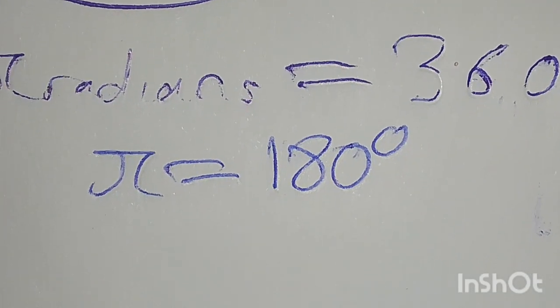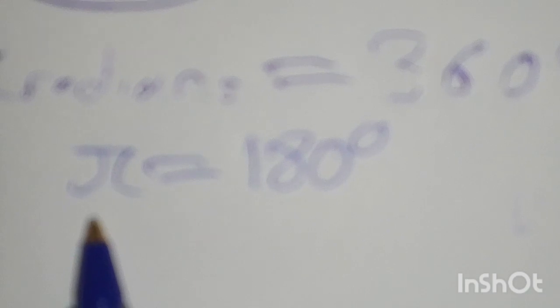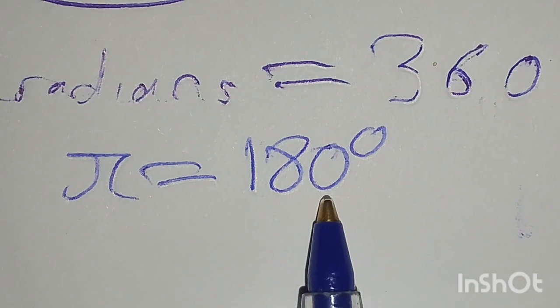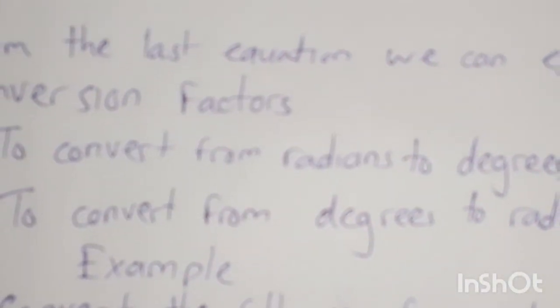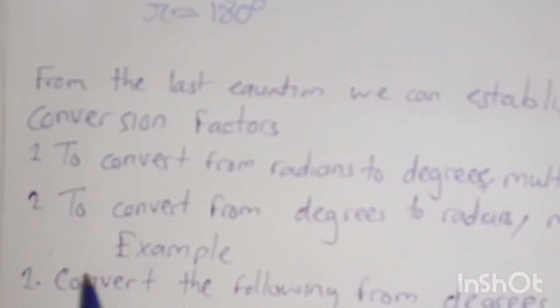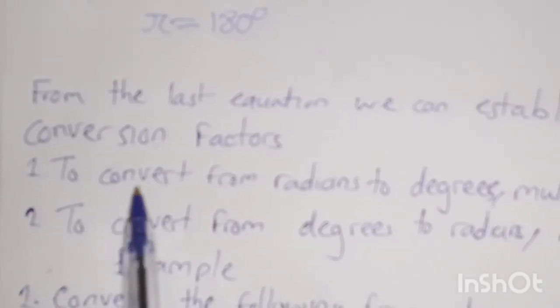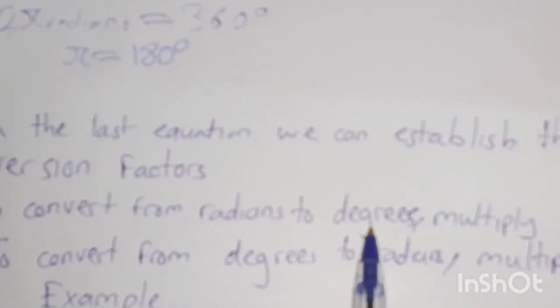Now from this conversion, pi radians is equal to 180 degrees, we can establish two conversion factors. The first is to convert from radians to degrees.